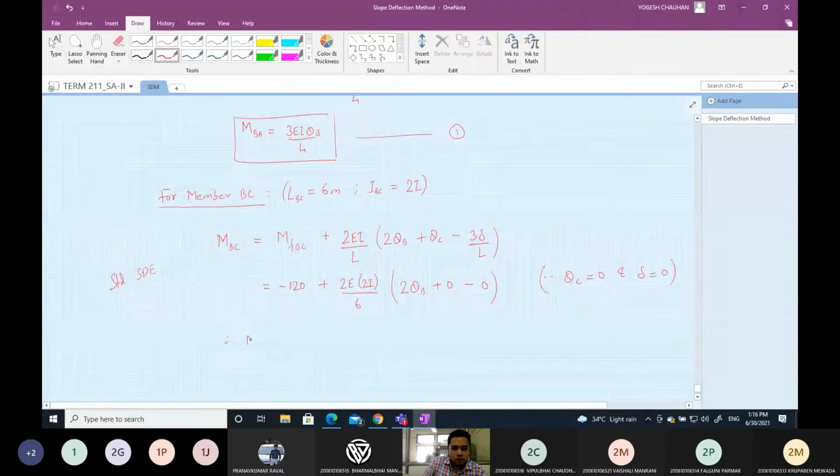So your MBC will be equal to minus 120 plus this will be 8 by 6, means 4 by 3, 4EI theta B by 3. Mark this as number 2.